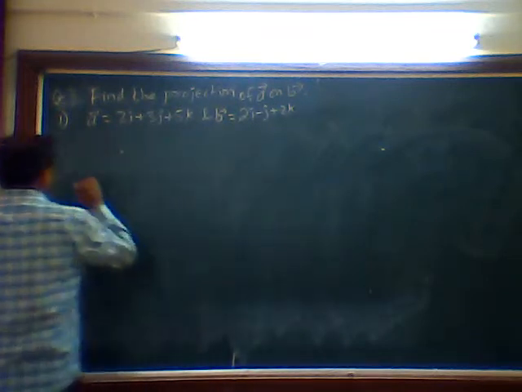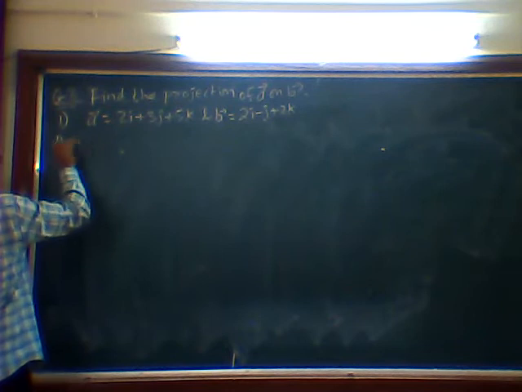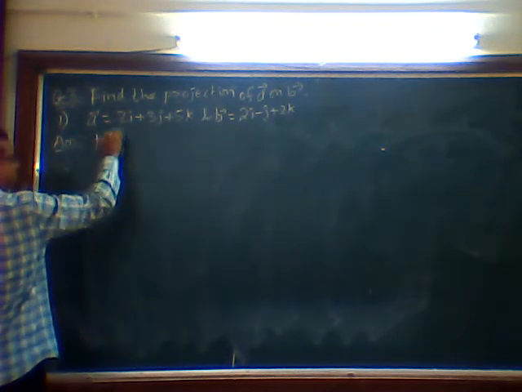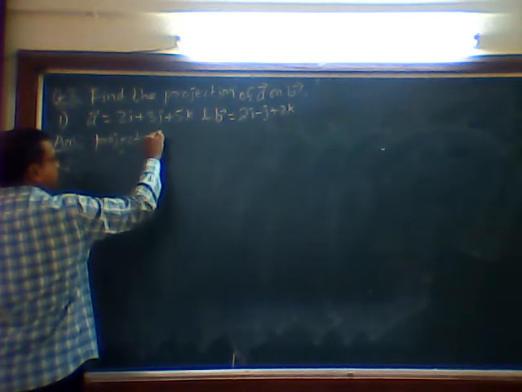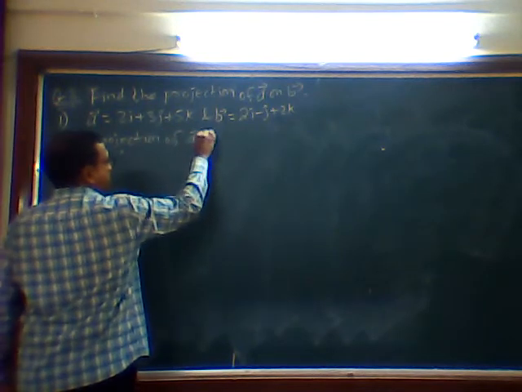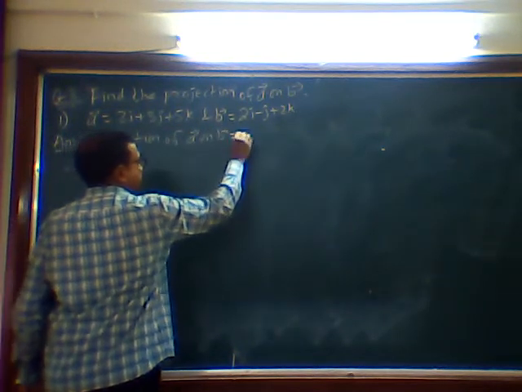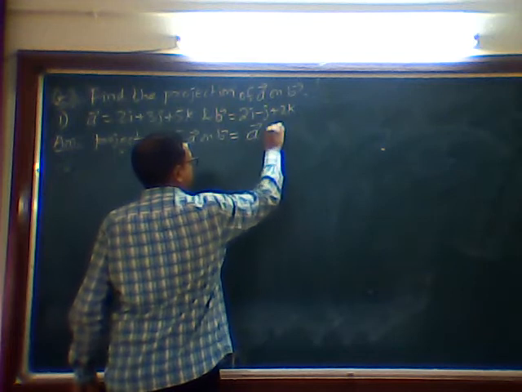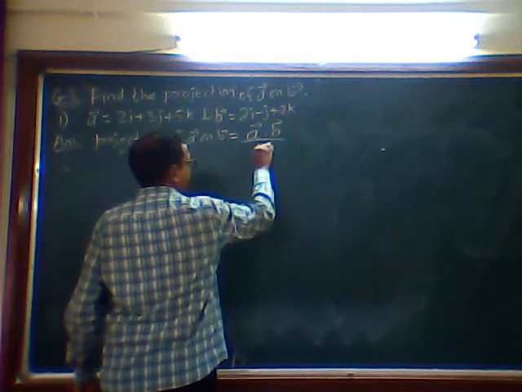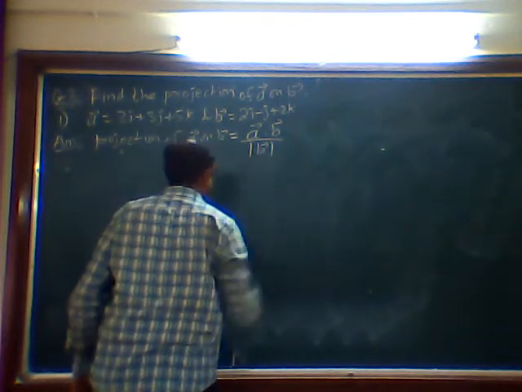The formula: projection of a bar on b bar is equal to a bar dot b bar divided by mod b bar.